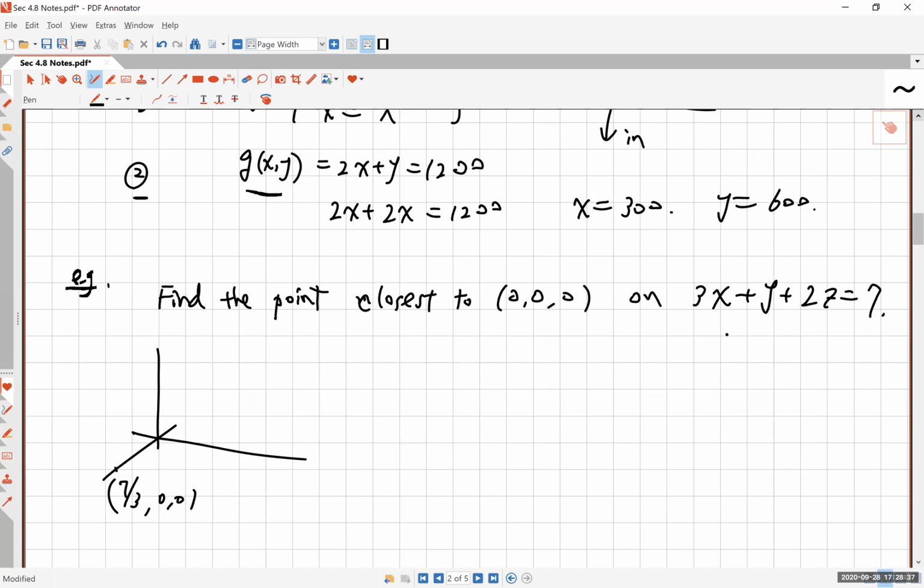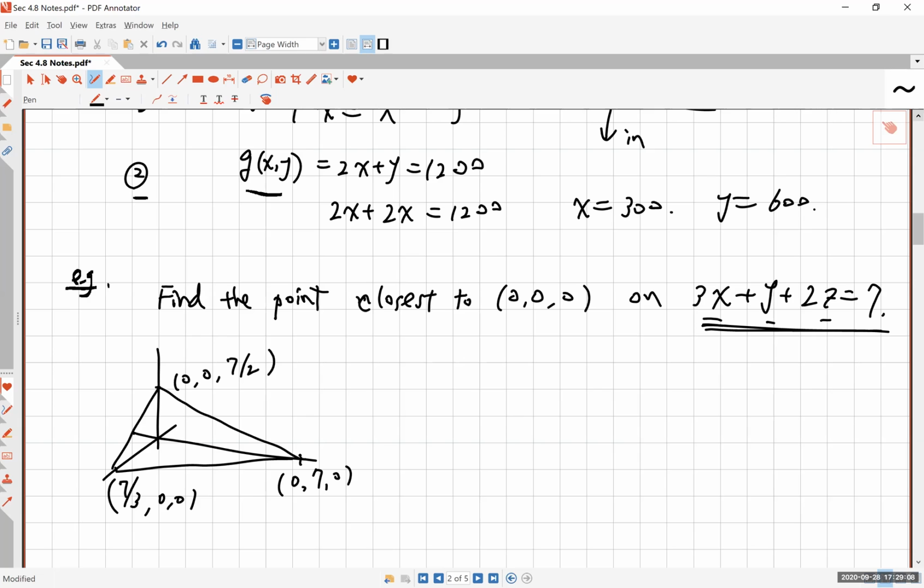Because if you plug in 7/3 here and 0, 0 here, you get 7. 0, 7, 0 is definitely a point on this surface. And so is 0, 0, 7 halves, okay? And so again, you can see this is clearly a plane, right? And so the plane with these 3 points, okay? So that's the plane that we're talking about.